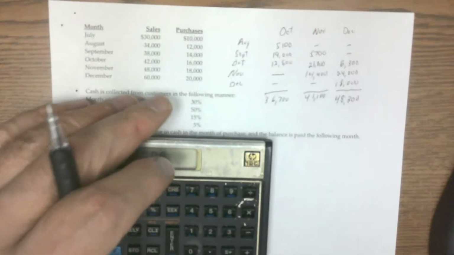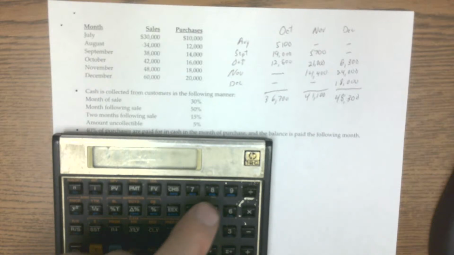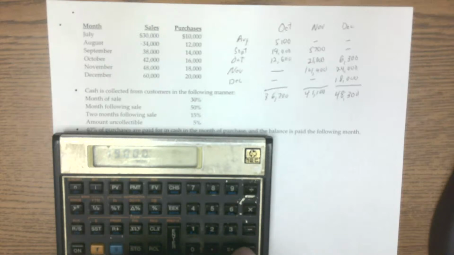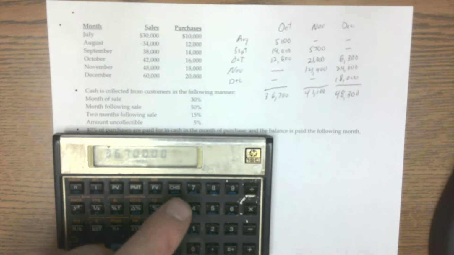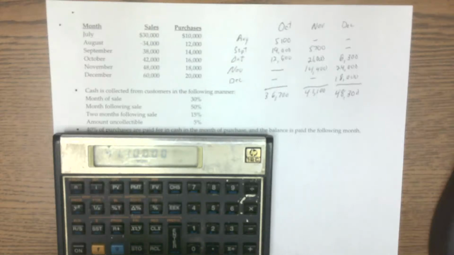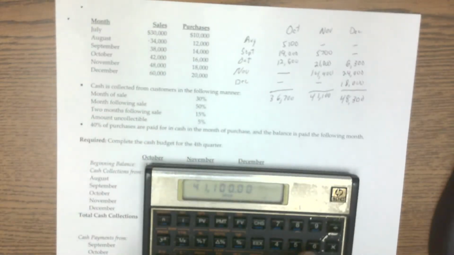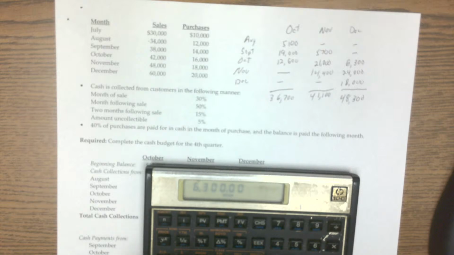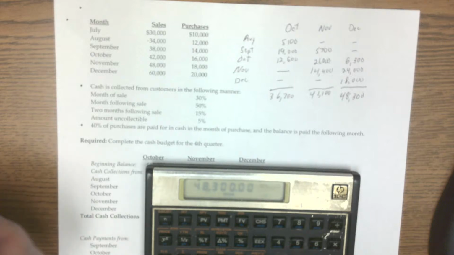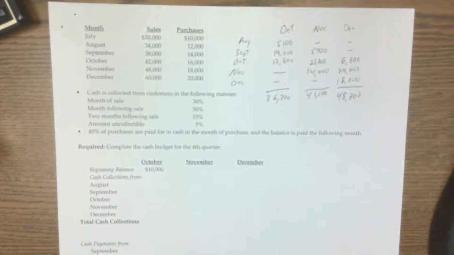Now let me check my math just to make sure before we go on. $36,700 is right. $41,100 is right. $48,300. Okay, so those are right.